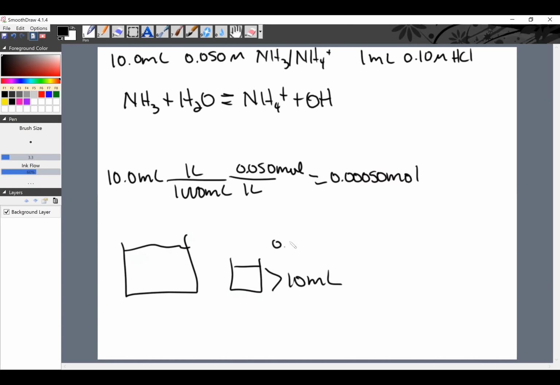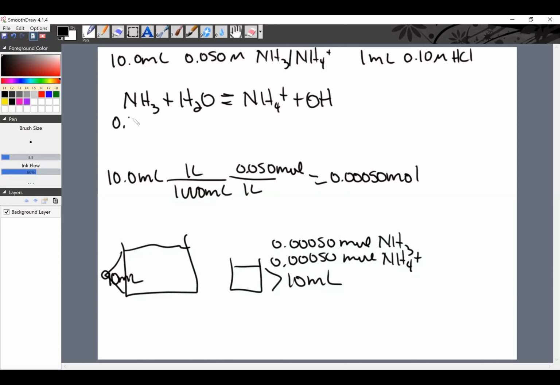I pulled out 0.12350 moles of the ammonia, and I also pulled out that many moles of my ammonium. The rest are still in this. There's still 90 milliliters of my buffer left, so I didn't pull out the total moles. I only pulled out as many as are in 10 milliliters.